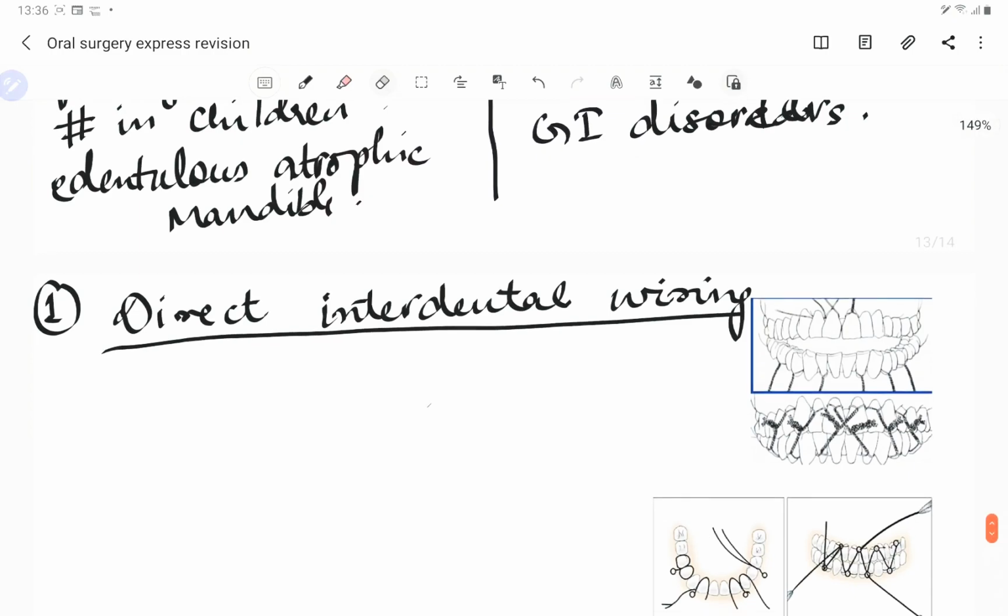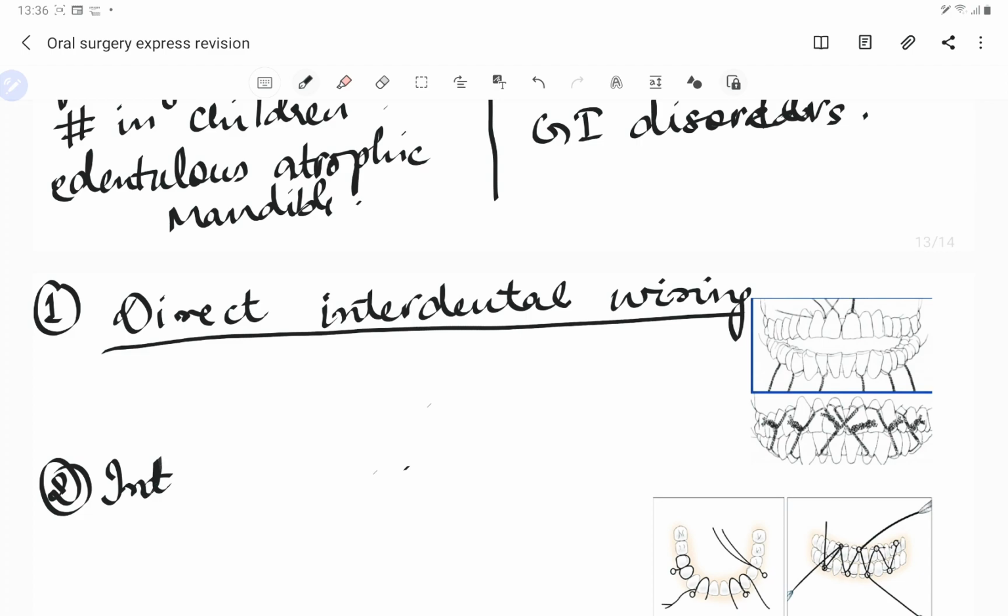So next one we have is the indirect interdental wiring. Indirect interdental wiring is making an IV loop. And if you want to see the demonstration of all these wiring, then you can check out the intermaxillary fixation with interdental wiring video in the playlist in the oral surgery series.